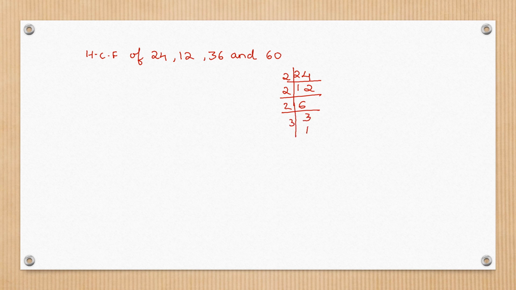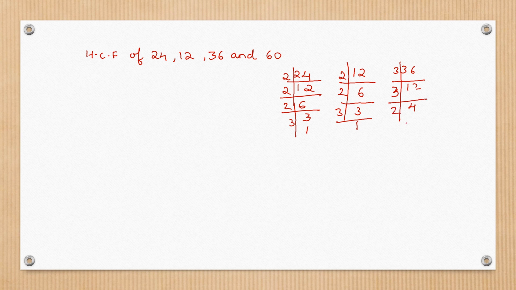Coming to 12, let's try to divide 12. 2 6s, 2 3s is 6, 3 1s is 3. Coming to 36, 3 12s is 36. Then 3 4s is 12, 2 2s is 4 and 2 1s is 2.